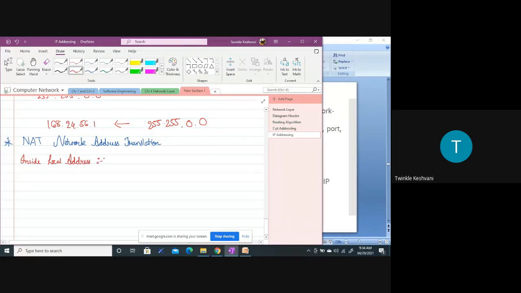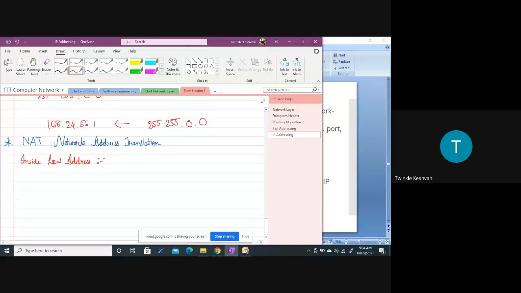Now, inside local address: an IP address that is assigned to a host on the inside network. Whatever IP address is assigned to a host on the internal side is an inside local address.